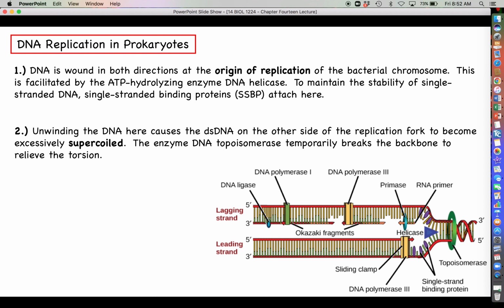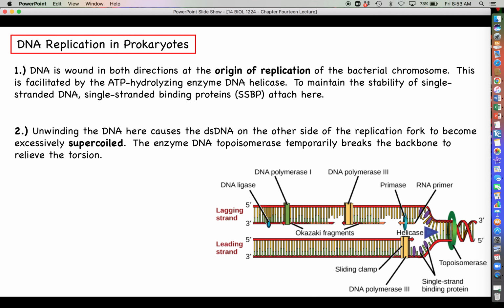Now, one issue that we run into is that unwinding the DNA like this causes the double-stranded DNA on the other side of the replication fork, so over here, to become supercoiled. So supercoiling is basically what happens if you have a rubber band on hand. You can actually illustrate this nicely. If you twist the rubber band in your hand, you can see what supercoiling is like.